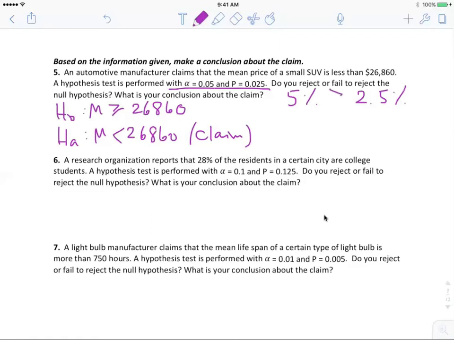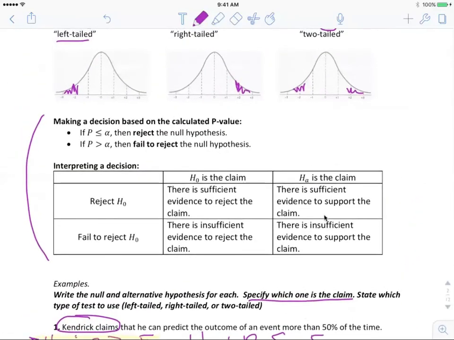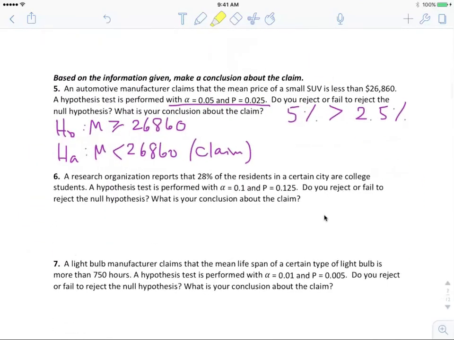The 5% is bigger, so here alpha is bigger. If I look back at my instructions, with a bigger alpha and a smaller P, you're going to reject the null hypothesis, which is what you always do. Okay. So in this one then, we're going to reject H sub 0.